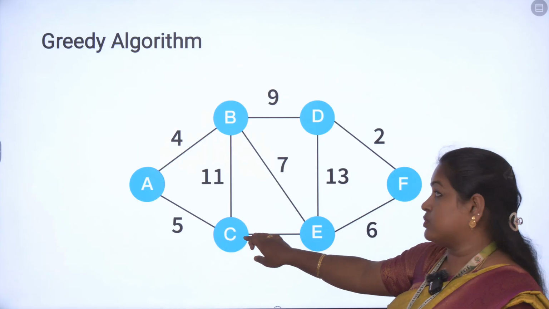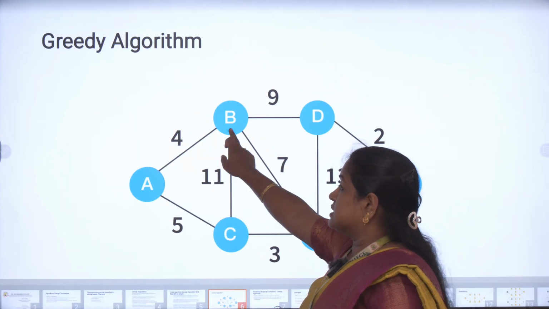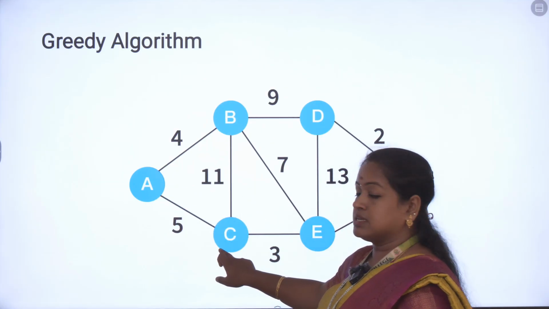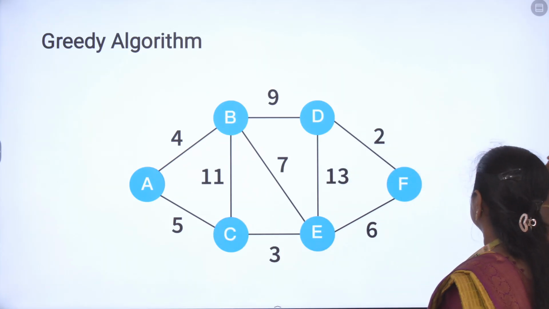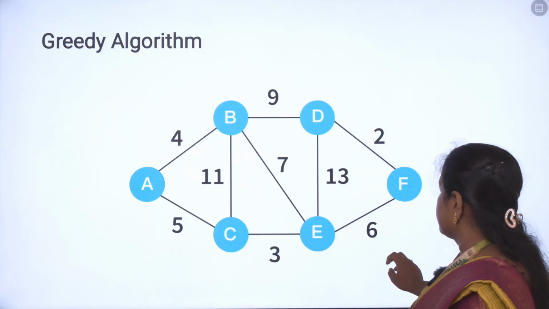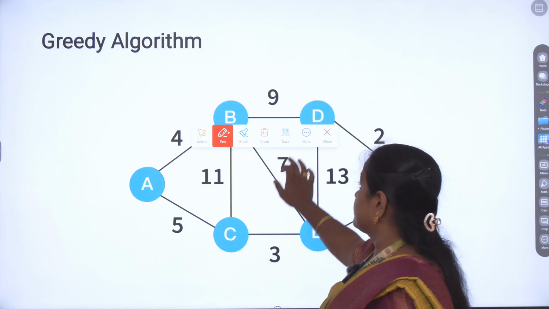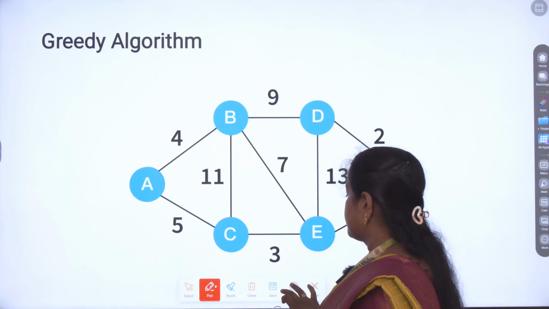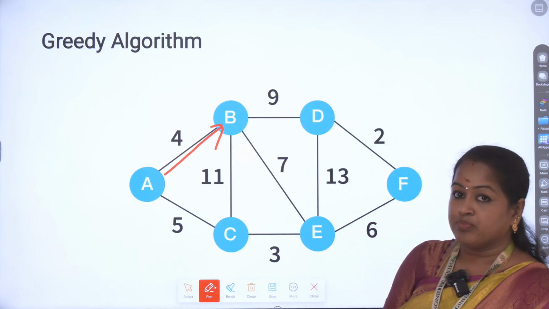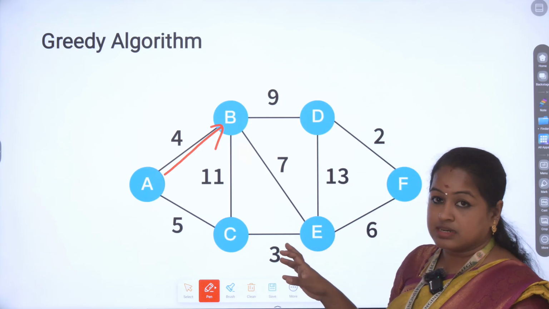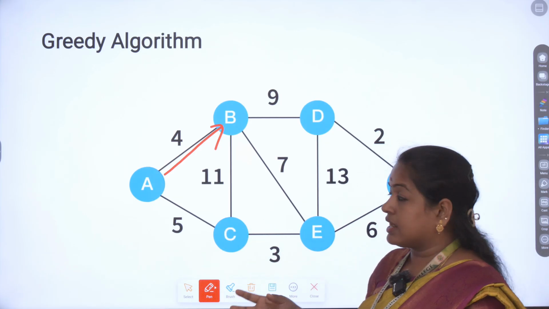From A to B it is 4 and from A to C it is 5. So I have to traverse from A to B. Now I will traverse from A to B. This is an undirected graph, so you can traverse in any direction.